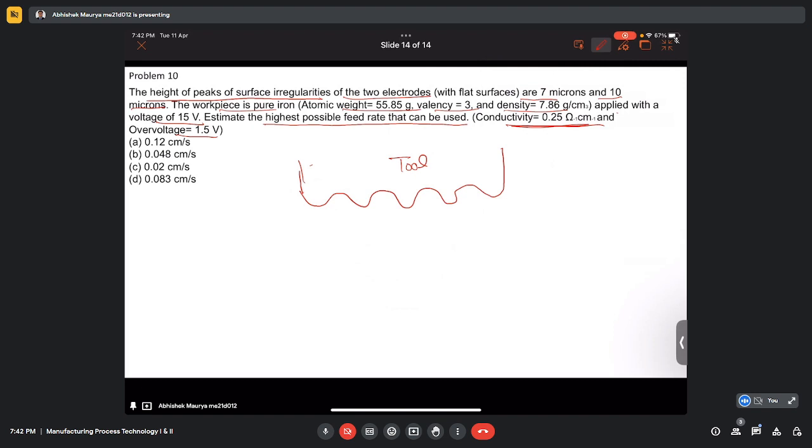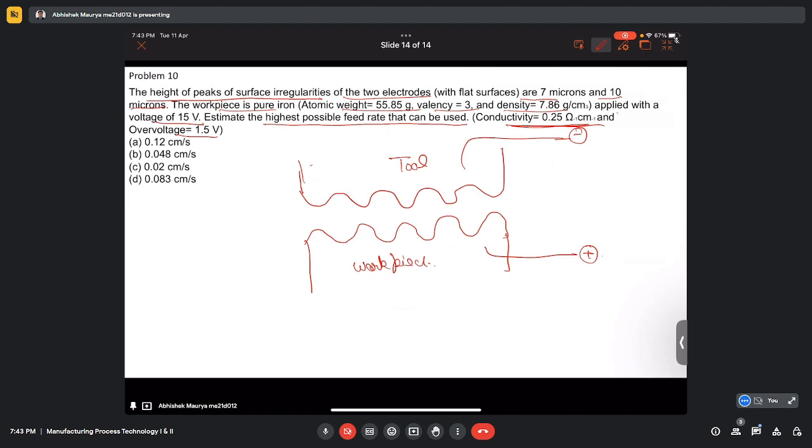Similarly there will be a workpiece something like this. The tool is connected to the negative potential and the workpiece is connected to the positive potential, and in between, electrolyte will keep on flowing.